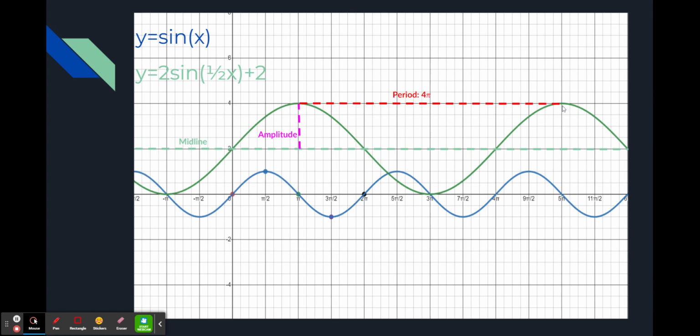You can see it makes a complete curve here. Or it'd be easier if you start right here, and that will be a complete curve. That could also be a period. Start from 0 here to 4 pi, that's one period. That's a full cycle. And that's basically everything there is to a sine graph.